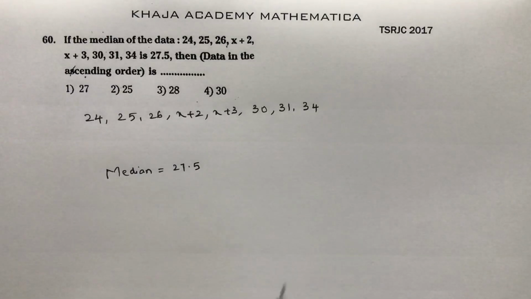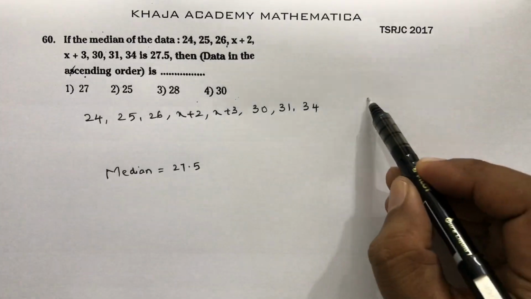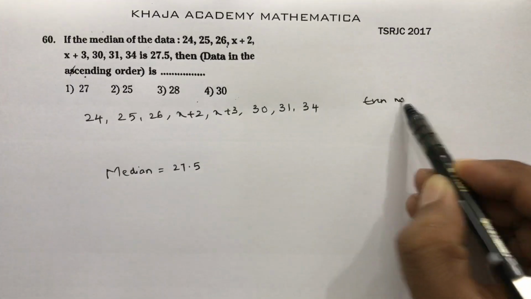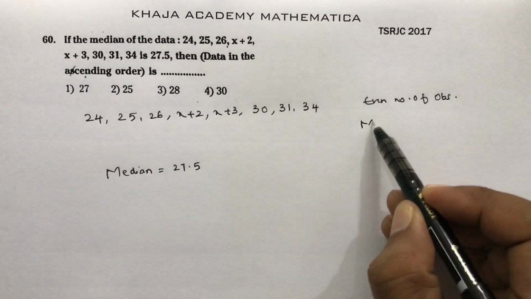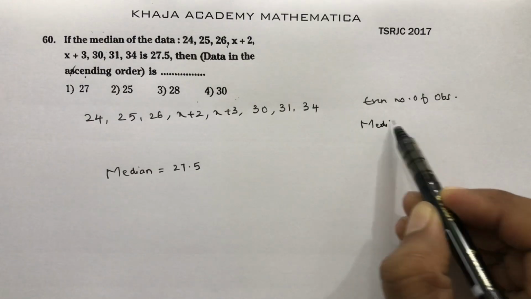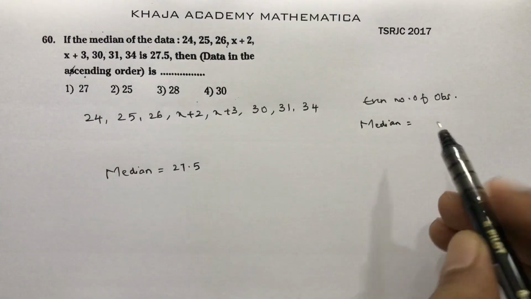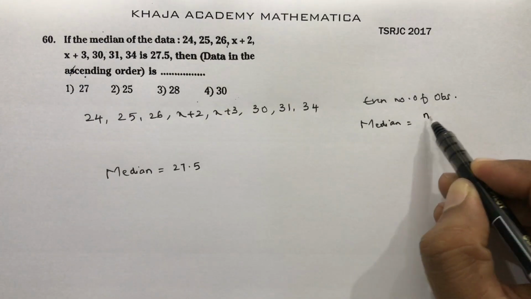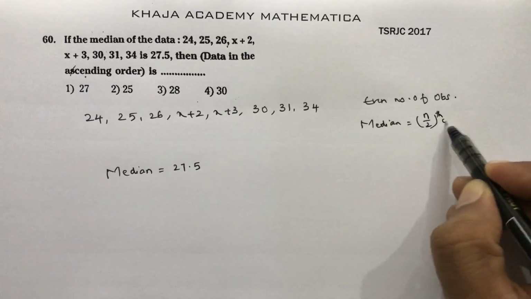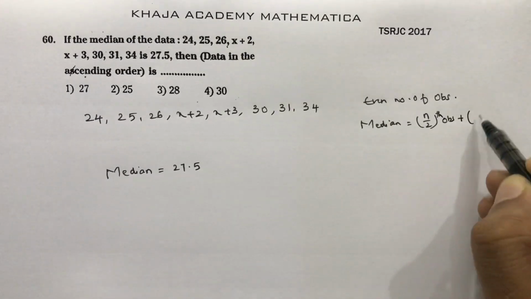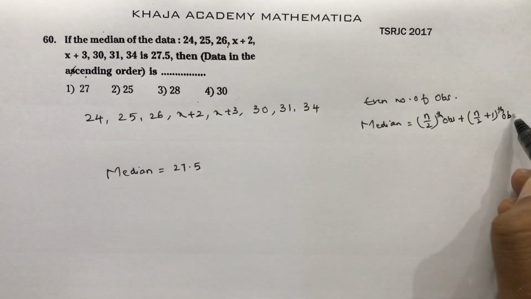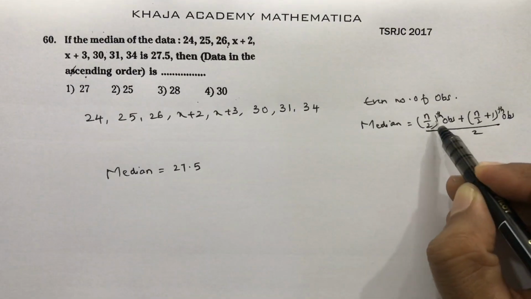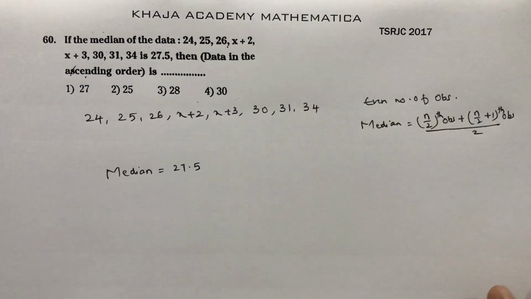We have 8 observations, so an even number of observations. If there is an even number of observations, then the median is the average of the n by 2th observation and the n by 2 plus 1th observation.